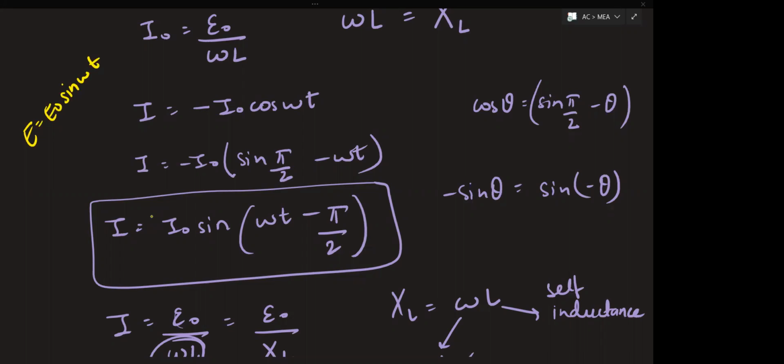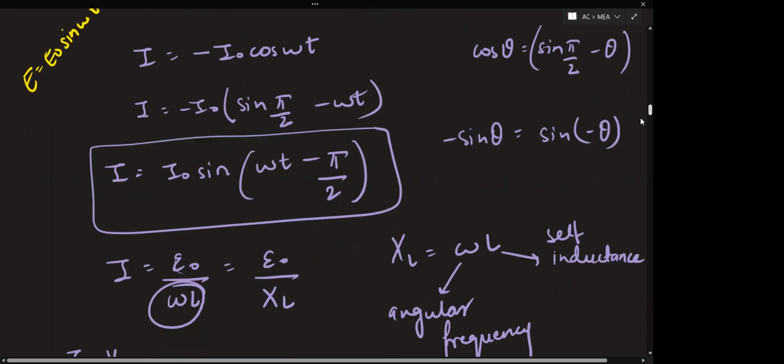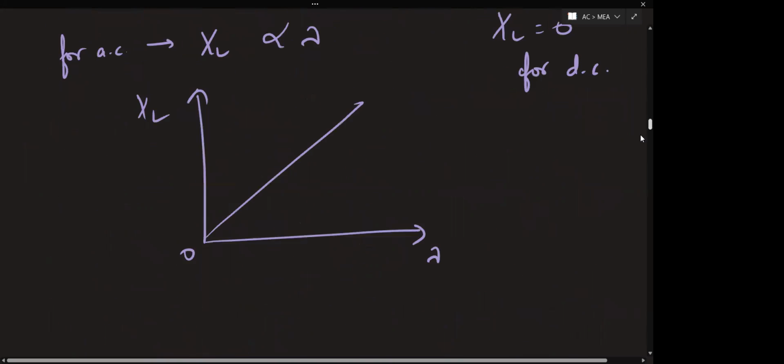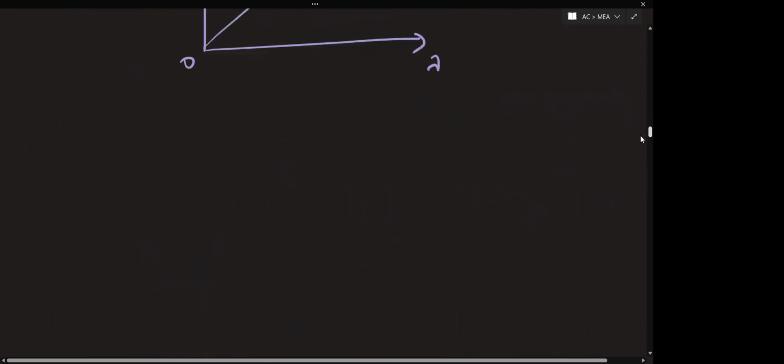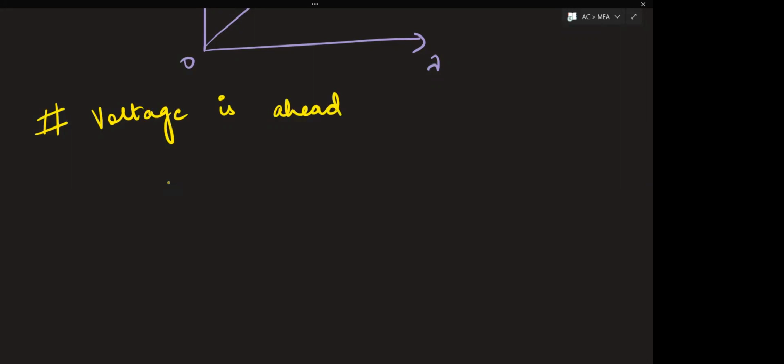Always remember this, voltage and current were in the same phase where there was only resistor. Here voltage is ahead of current by 90 degrees.